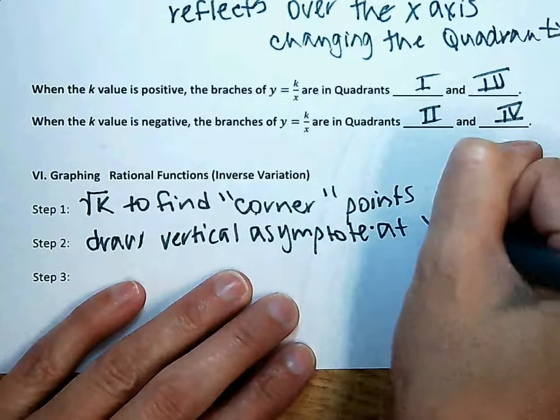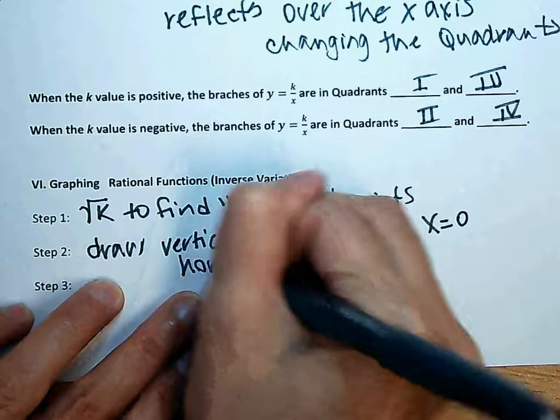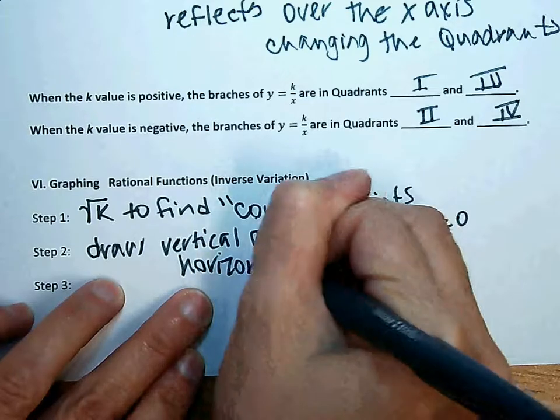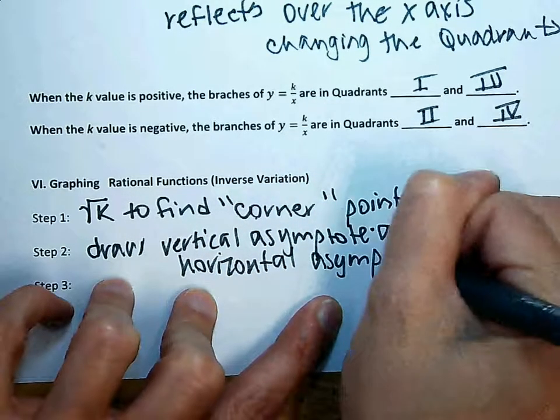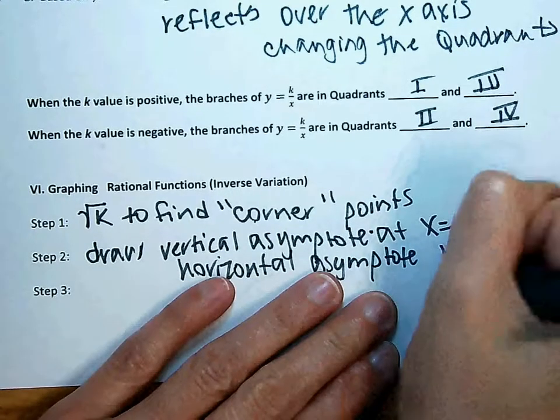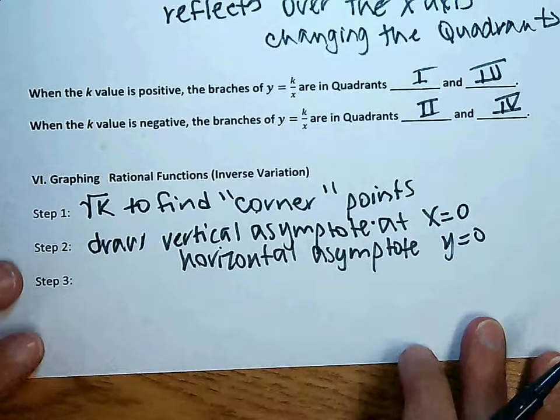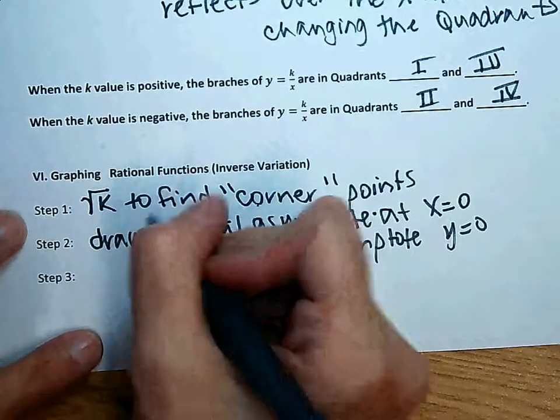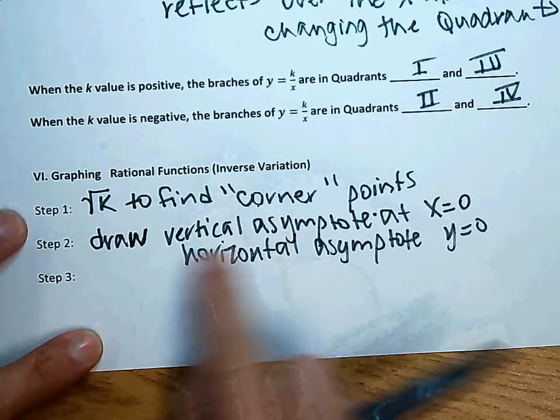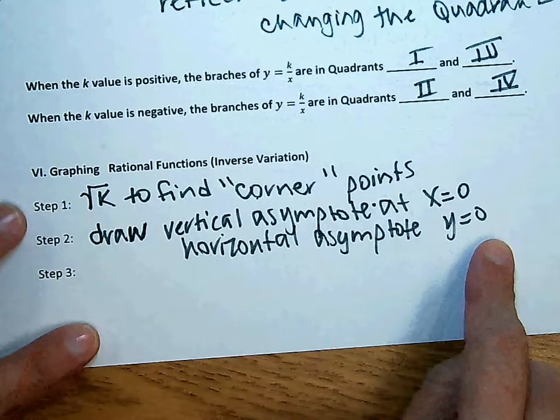At x equals 0, you're going to draw a horizontal asymptote at y equals 0. So that's step 2. So you're going to draw vertical asymptotes at x equals 0, a horizontal asymptote at y equals 0.